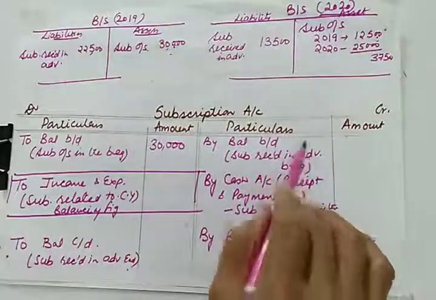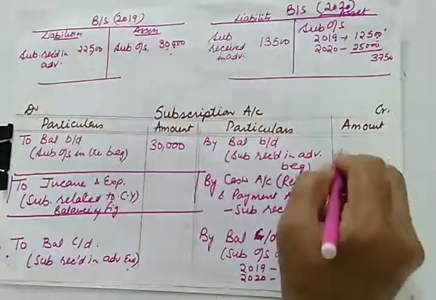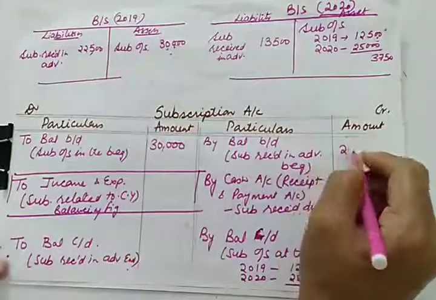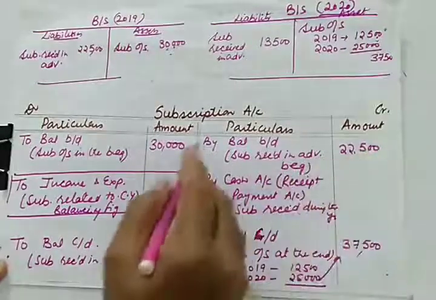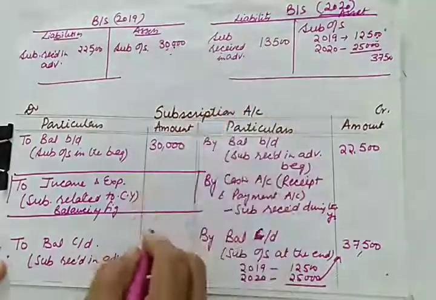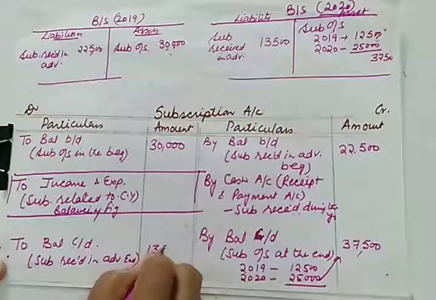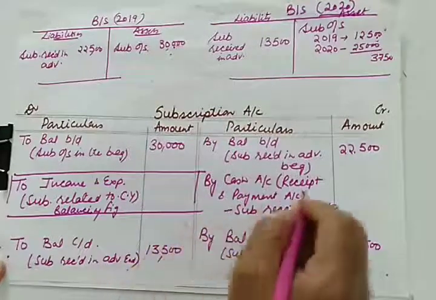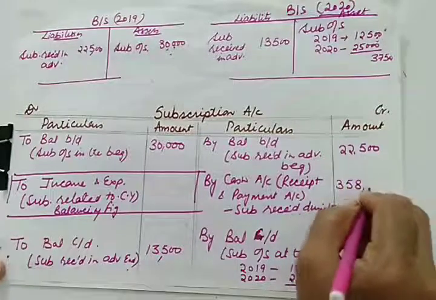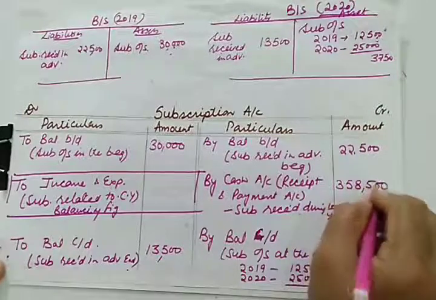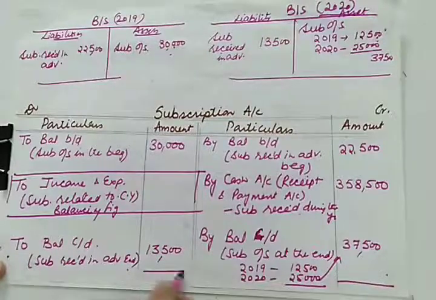And likewise advance in the beginning is 22,500 and advance at the end is 13,500. And how much is received? This is given to us 3,58,500.